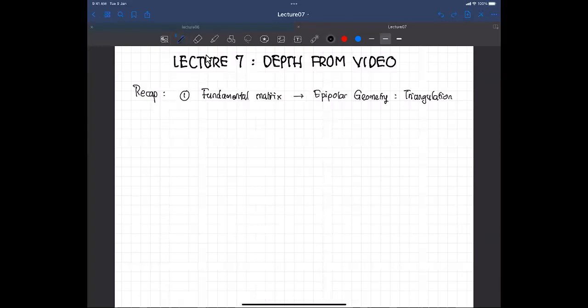So when we hear this word triangulation, something that you should come up with in your mind is a triangle. This is the basic idea of triangulation. Basically, it's a triangle, and in this triangle, we have a dot at the peak.